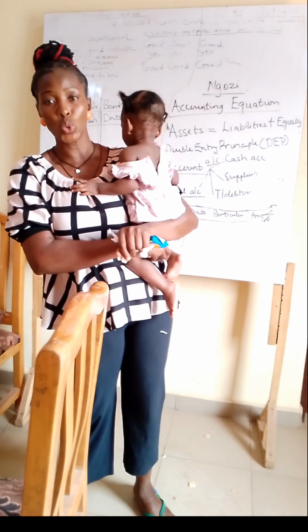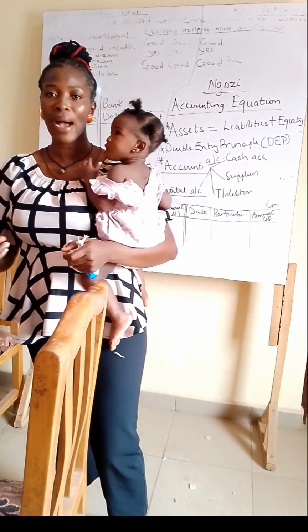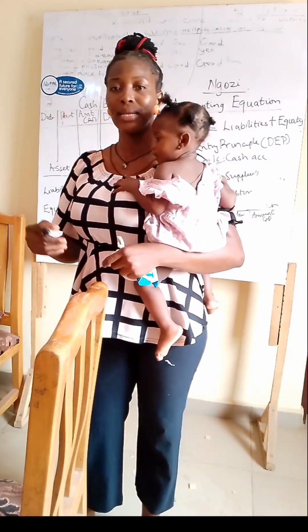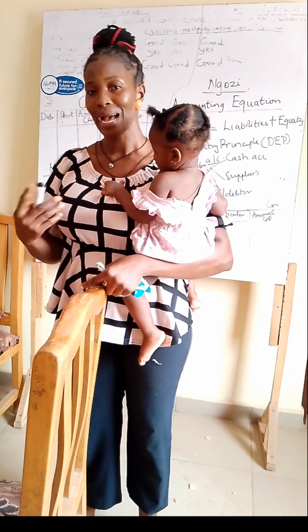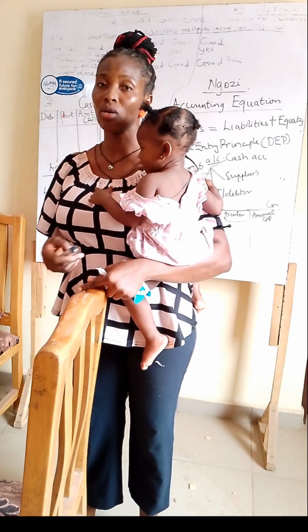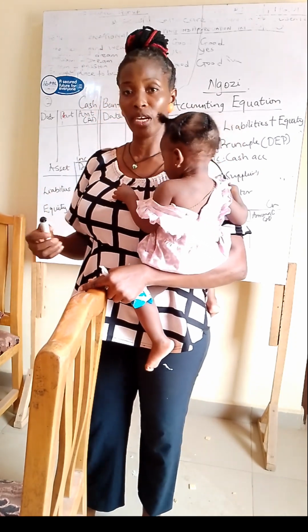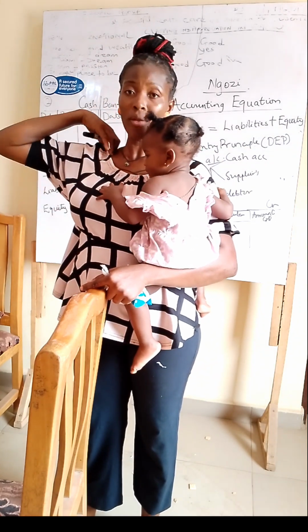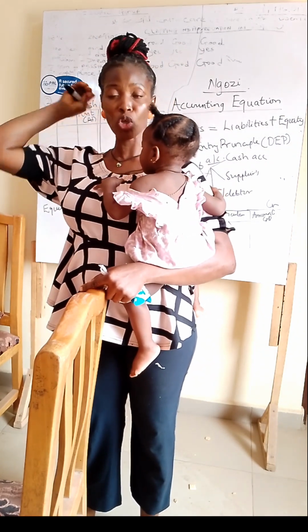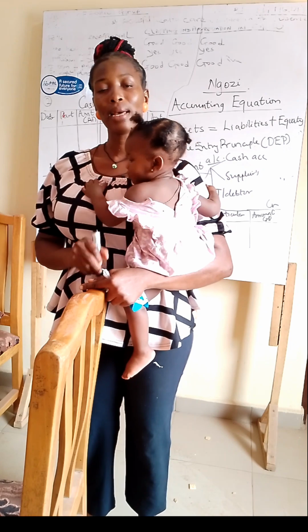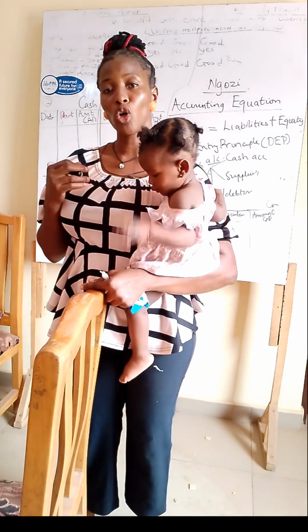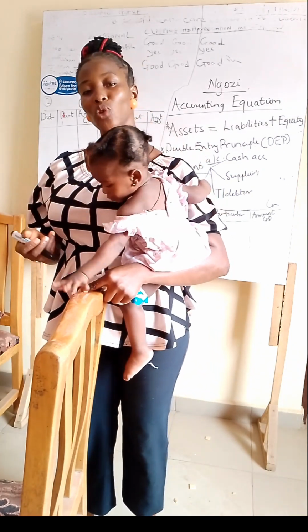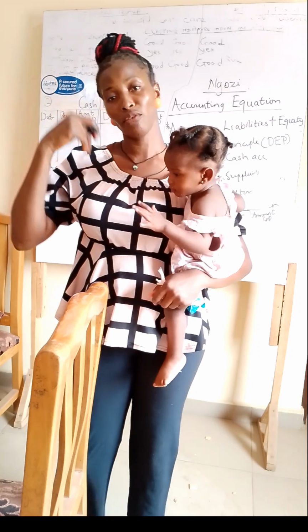Okay? We also have things like inventory. That's the stock, goods. Okay? If you buy goods in your store and that good that is sold, that good you bought for resale is what? Your inventory. Now, because you own those inventory, you own them and you have control over them, this is what? An asset. You own them, you control them, and they expect to yield what? Future inflow.